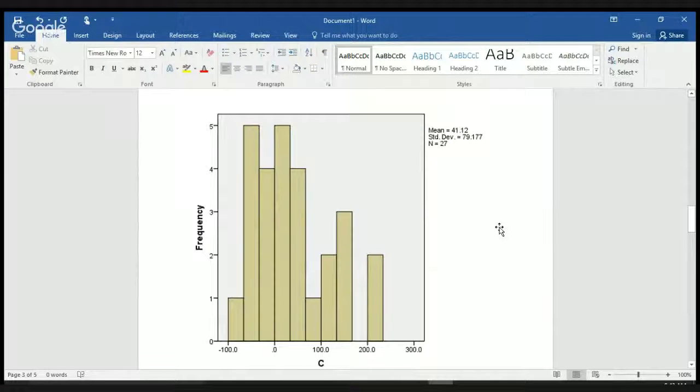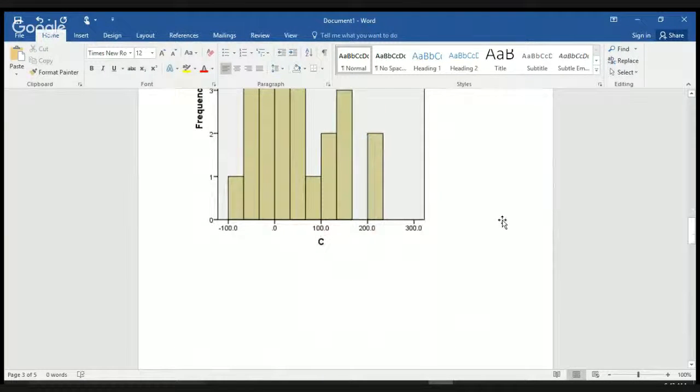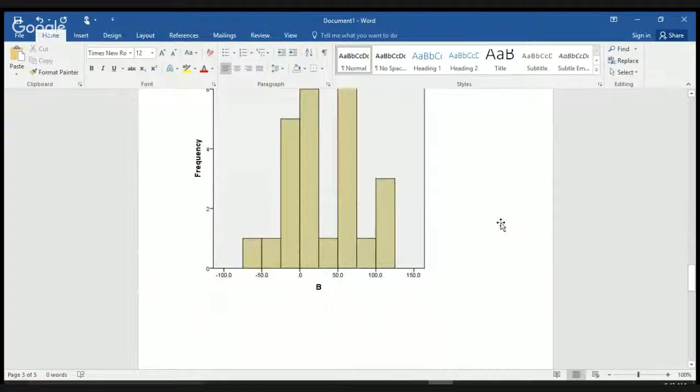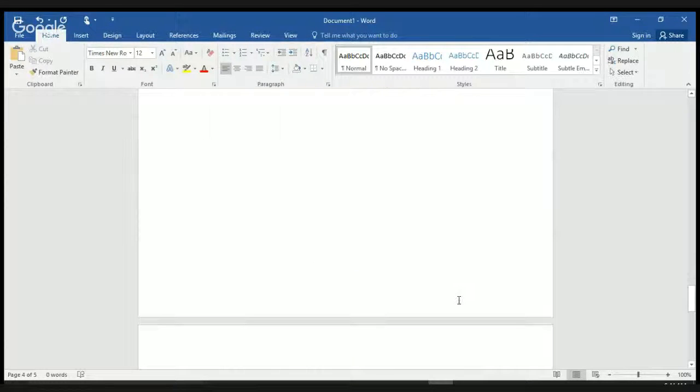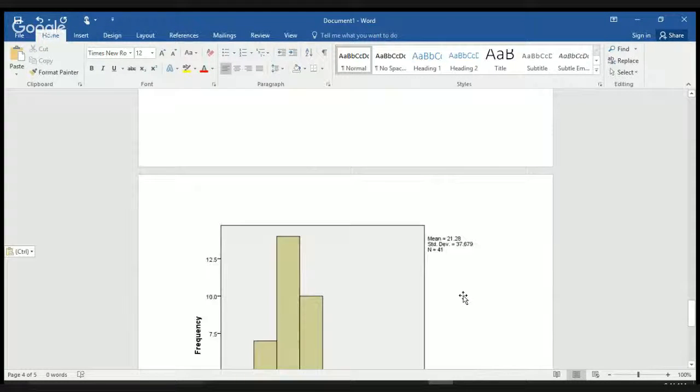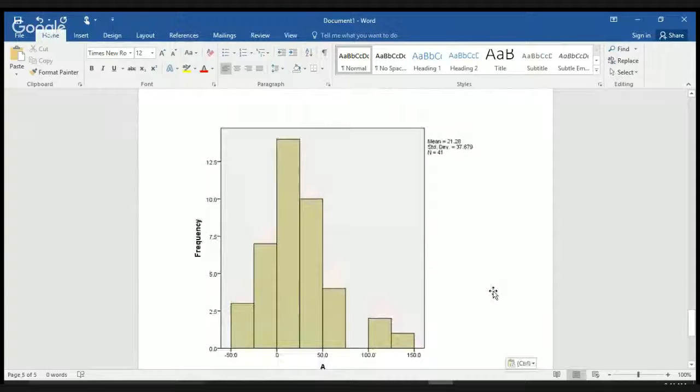Okay, wait a minute, the standard deviation. Never mind. B. Would you say bell shaped? Yeah, I'd say it's more bell, more symmetrical, roughly. Not necessarily, but that's the best definition. This is more right skew again.